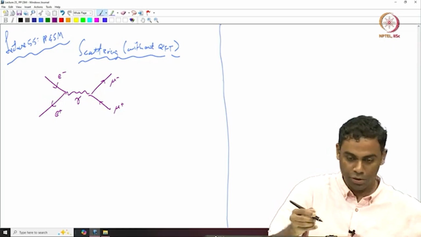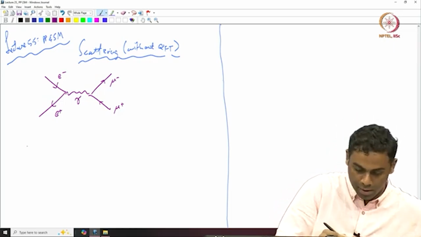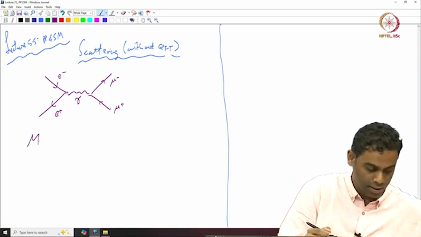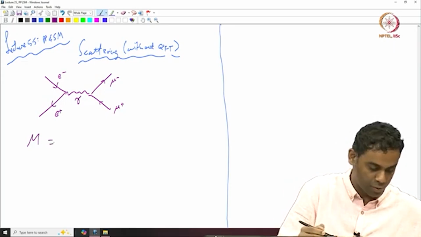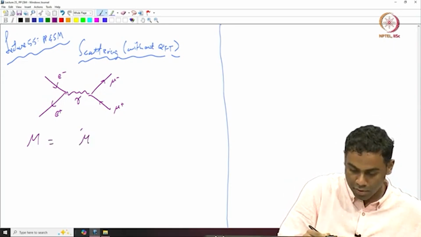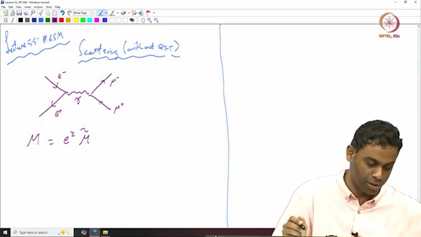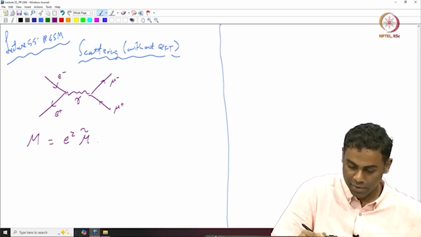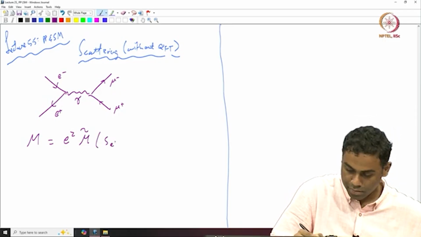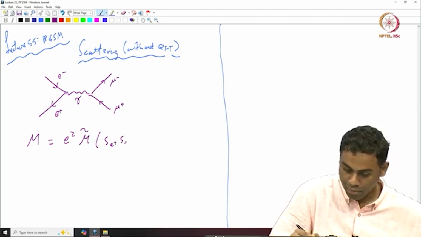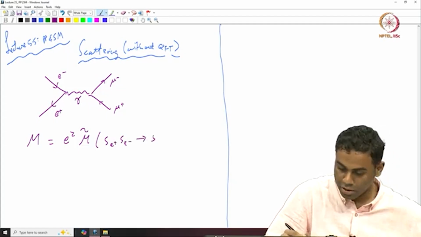Okay, and where were we last time? So we first wrote the amplitude for this process in terms of another rescaled amplitude, where I pulled out the coupling constant squared, right, and I was able to reduce the problem to one of spins or helicities. Remember?